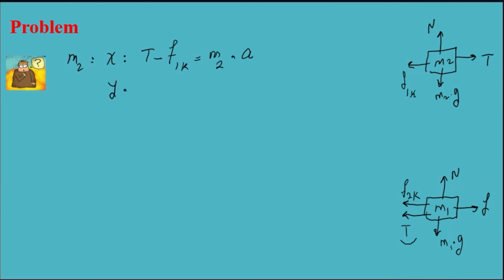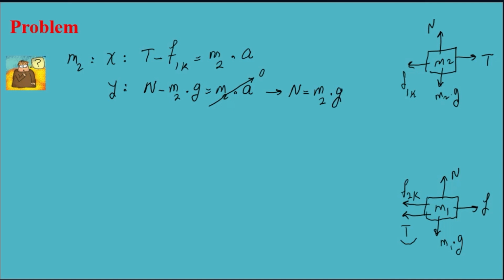And in the Y direction it is N minus M2 times G equal to M2 times acceleration, right? You should know that that's going to be 0, because acceleration is 0, since there is no movement in Y direction, right? So then my N is going to be equal to M2 times G, right?